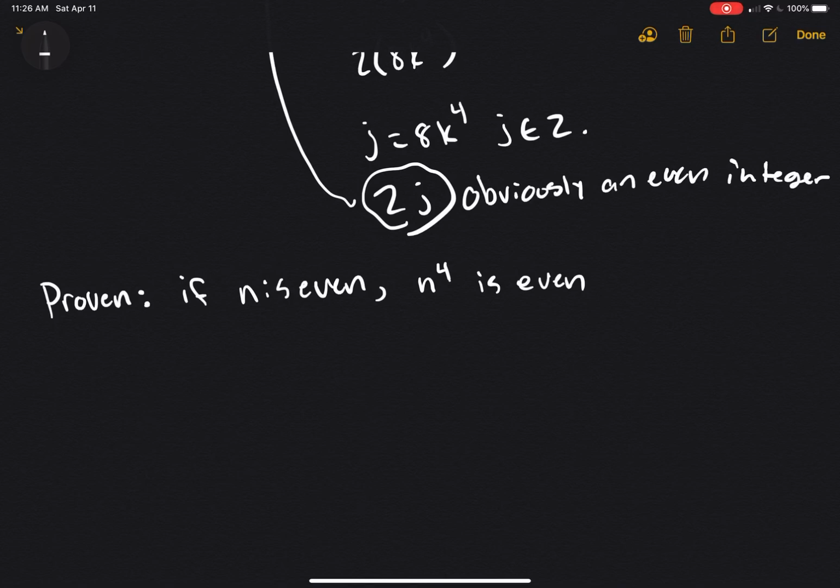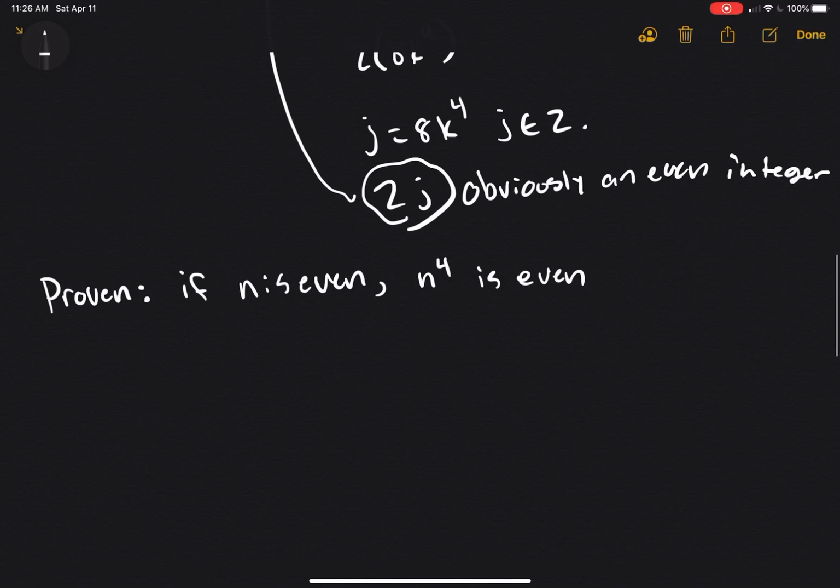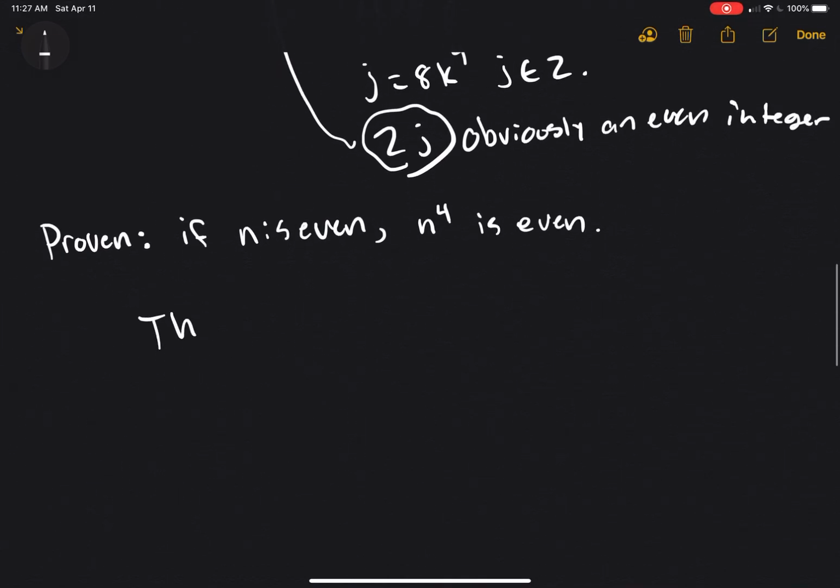So that's what we proved, which in turn also proves the contraposition.